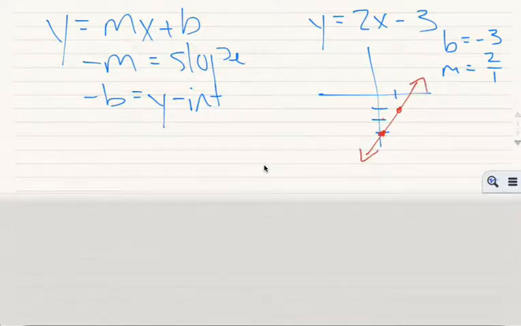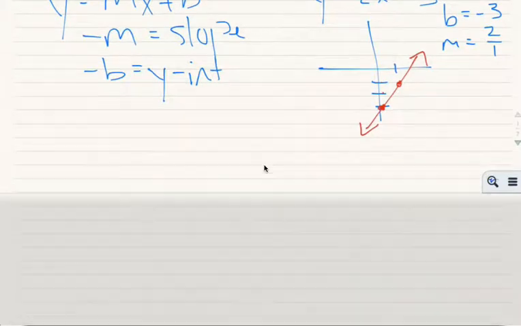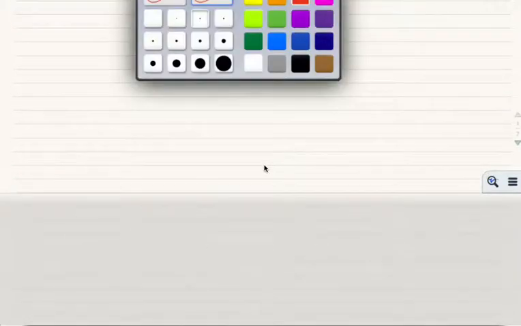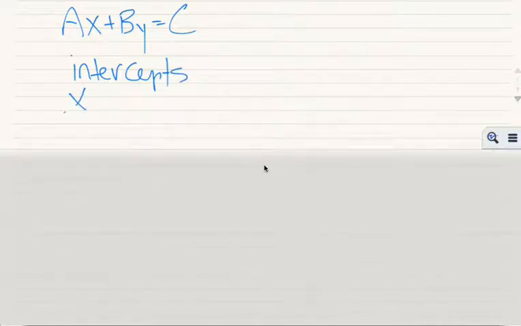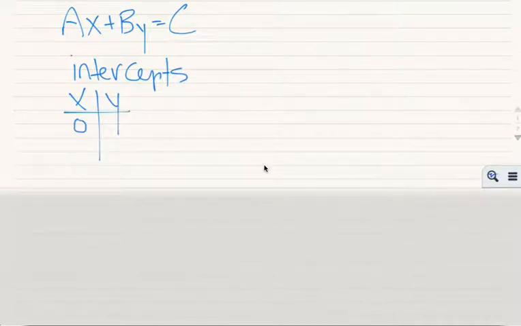That's one way. The other way to graph the line is standard form. Remember, standard form is ax plus by equals c. To do this, we use intercepts. We find the x-intercept and the y-intercept. I've been told some of y'all have learned this way, where we make a table and do x is 0 for one and y is 0 for the other.